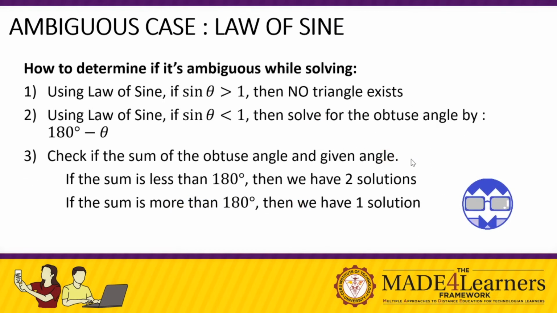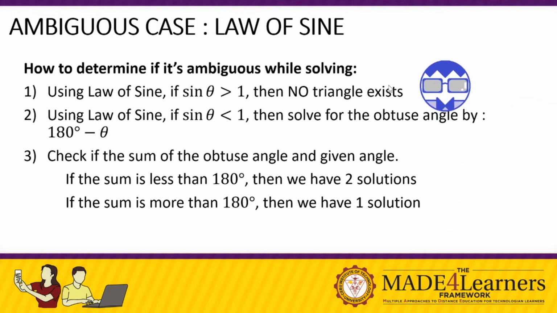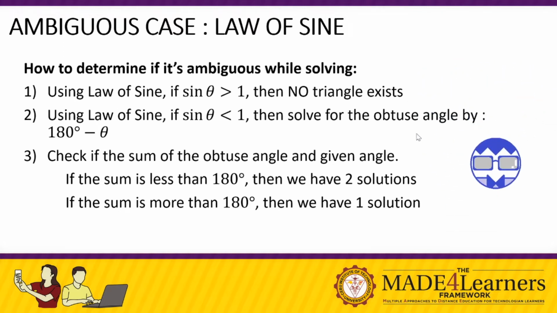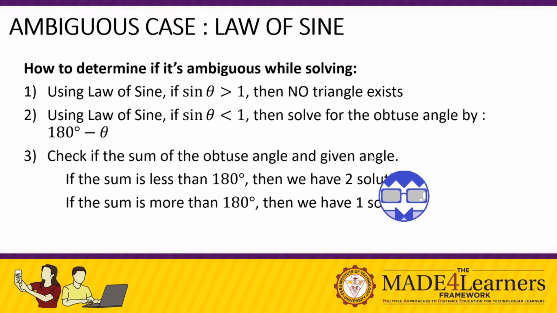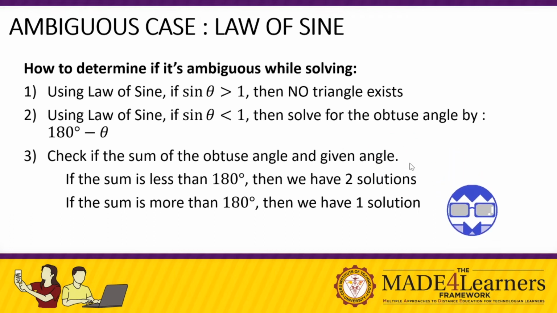So here are some easy ways to determine if the triangle is an ambiguous case. Number one, whenever you're using law of sines, and if the sine of the given angle that you solve for is greater than 1, then no triangle exists.